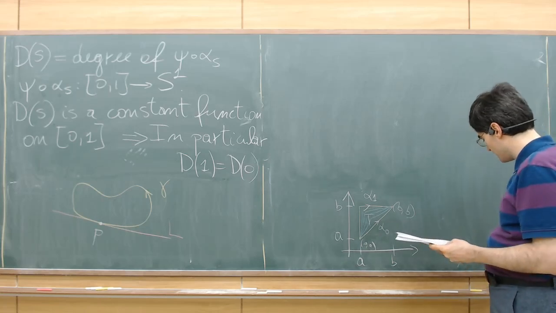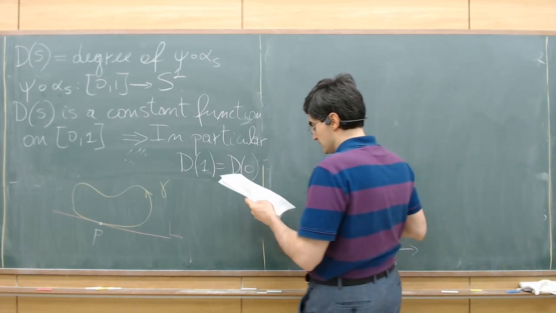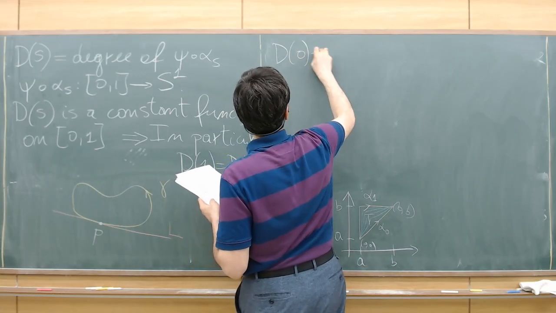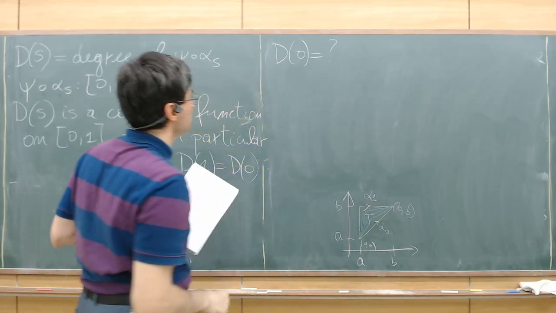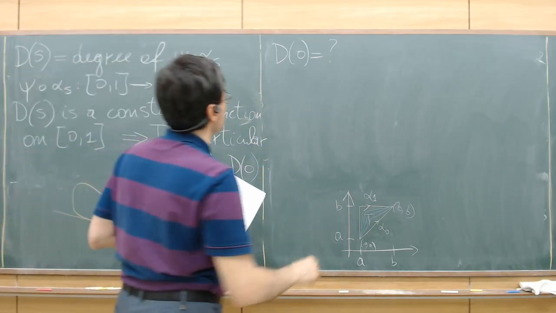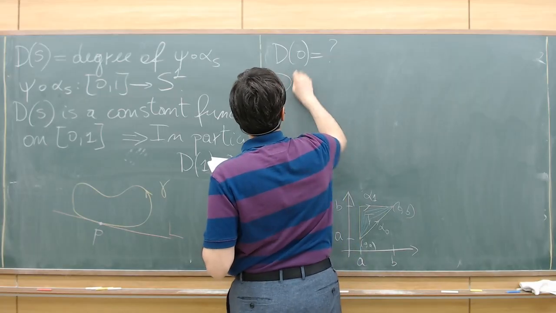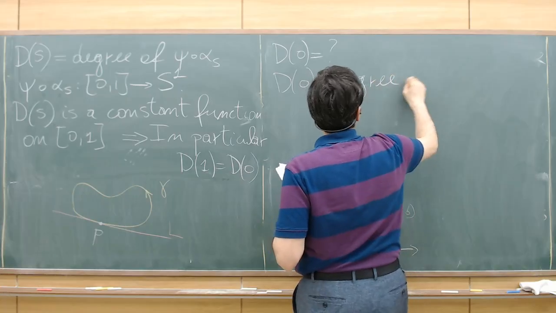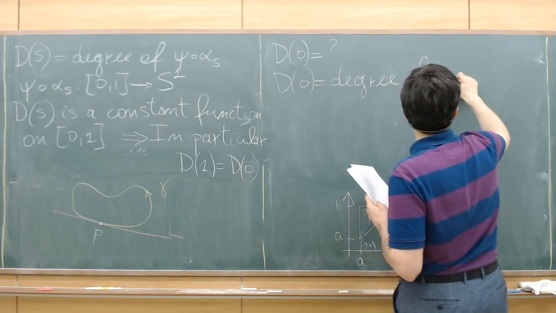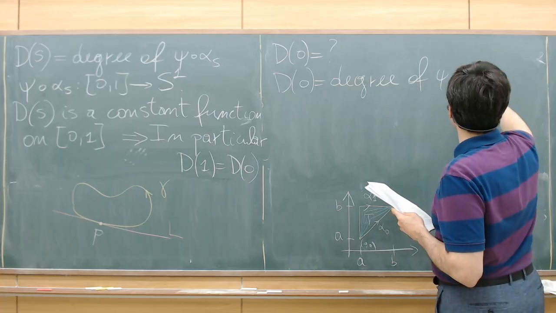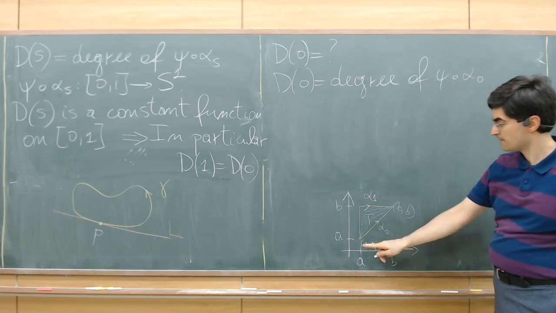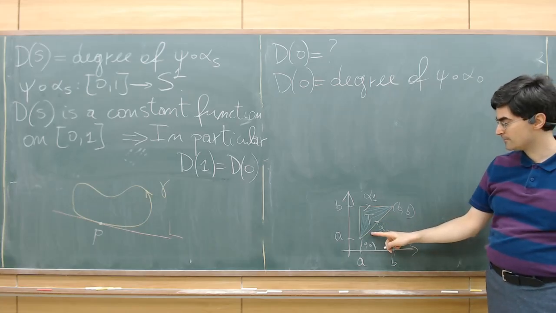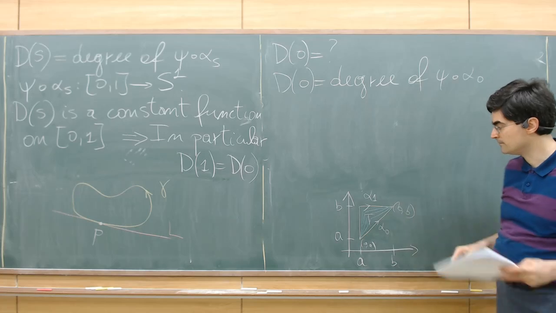Okay, now by definition, let's see what is this d0. The d0 is the degree of psi composed with alpha 0, which is the parameterization of the line segment from (a, a) to (b, b).